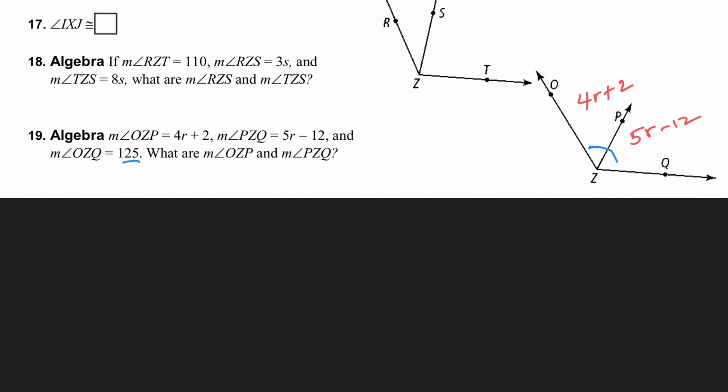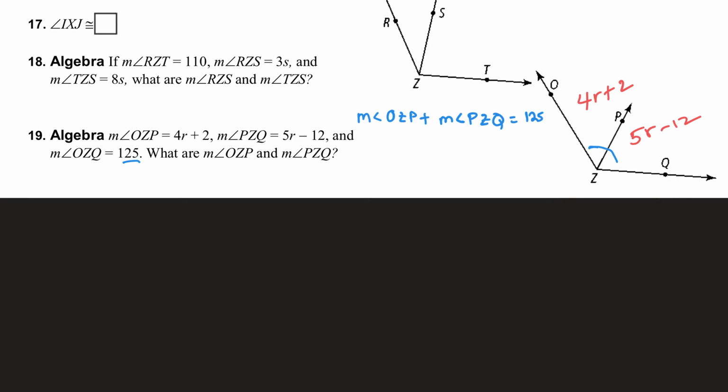So what you're going to do is add up the smaller angles, and it's going to make up the larger angle. If I wrote down a statement, I would write the measurement of angle OZP plus the measurement of angle PZQ is equal to the measurement of the entire angle. In this case, I'm just going to write 125.